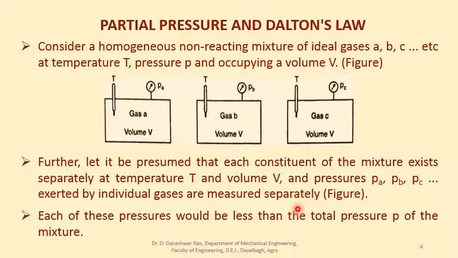So individually, if you measure, let us say the pressures are PA, PB, PC and so on. Now each of these pressures would be less than the total pressure of the mixture, because the sum of these pressures is the mixture pressure. So naturally these pressures will be less than the mixture pressure.